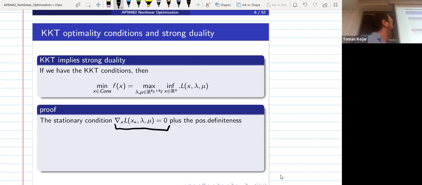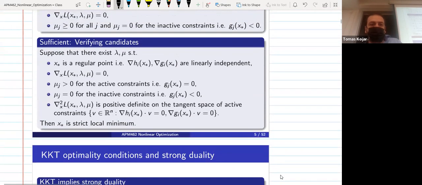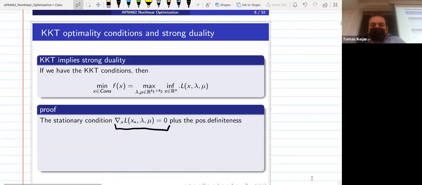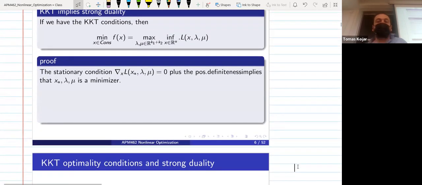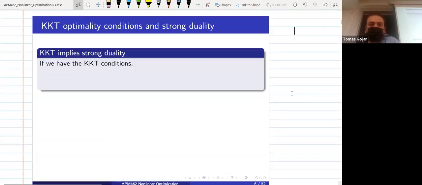So we have a special point. So again, KKT. This is one of the conditions. Right? But you also, one of the KKT conditions is that you have a positive definite Hessian.